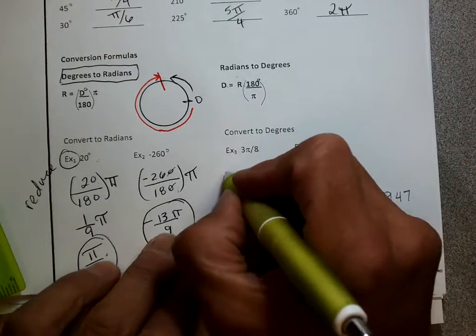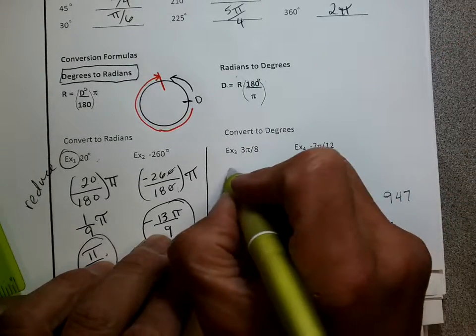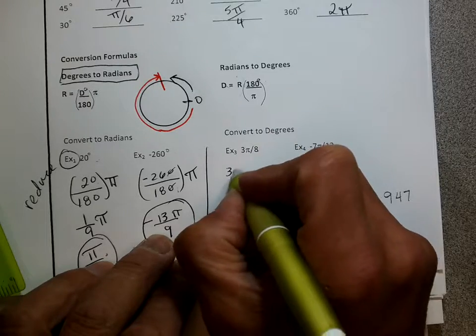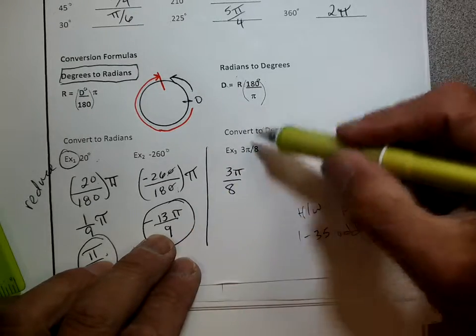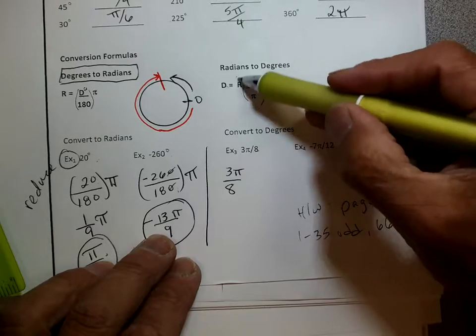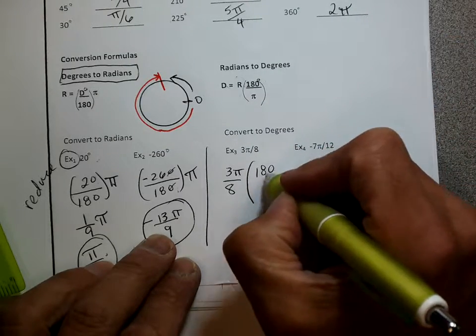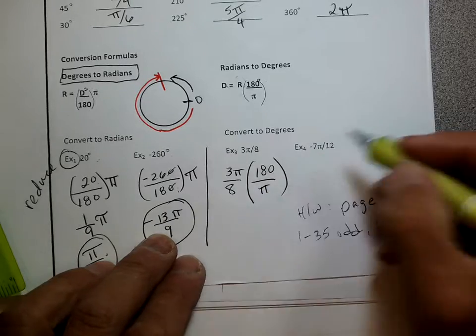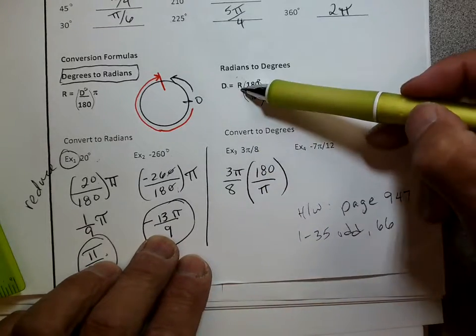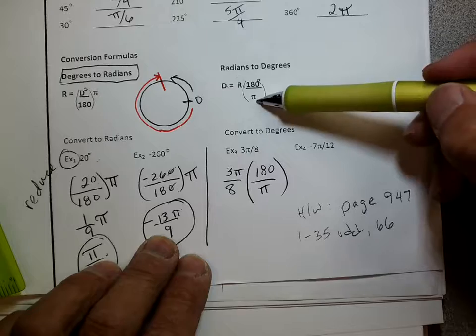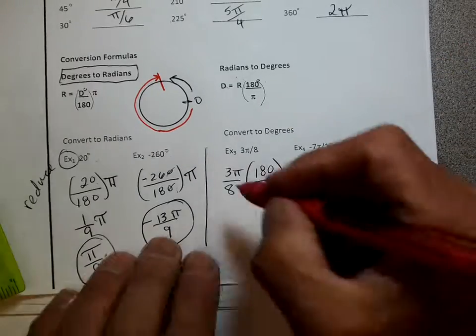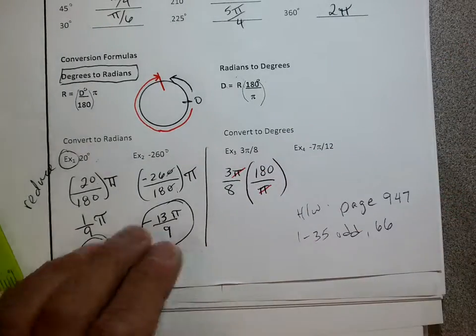So to convert this to a degree, we're going to go 3 pi eighths. So put our 3 pi eighths right here for our radian, for our r, right? I'm going to multiply that times 180 over pi, okay? So I'm taking this value, put it in for the r, times 180 over pi, and then may as well cancel the pi's, okay? Cancel the pi's, right?